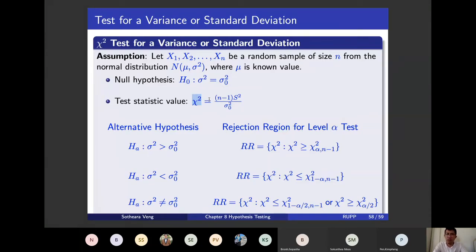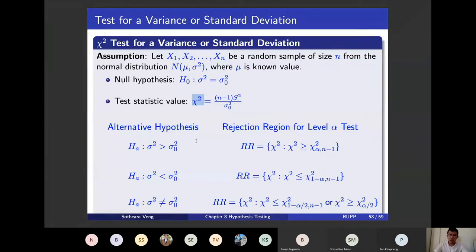But when we move to the confidence interval for the standard deviation as well as the variance, we will involve a different distribution called the chi-square, right? And at that time we denote it by this letter. Actually, this is the Greek letter chi-square.